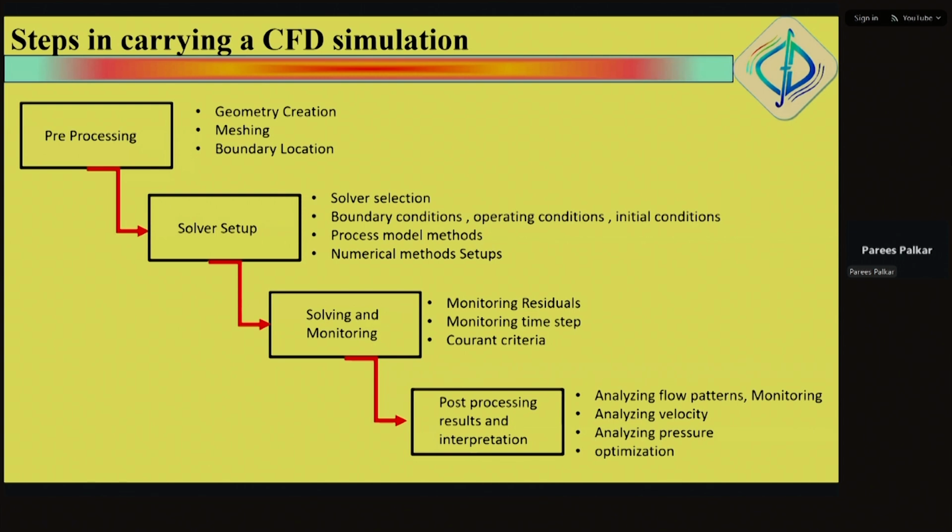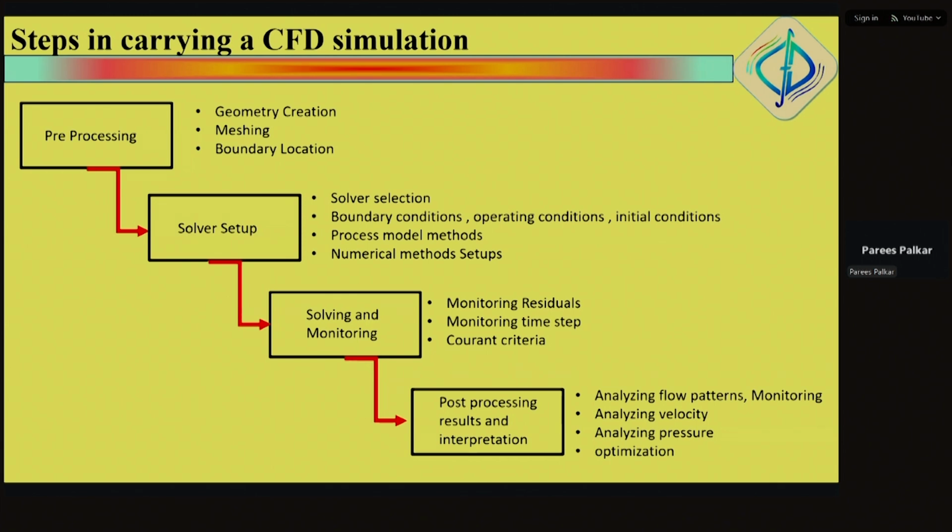OpenFOAM has a vast catalog of solvers, so you have to choose the ideal solver that fulfills your need. Then the process, model, and method: as we solve the Navier-Stokes equations, we have to appropriately choose the schemes required to solve the particular equation, and the same goes for the numerical method setup.